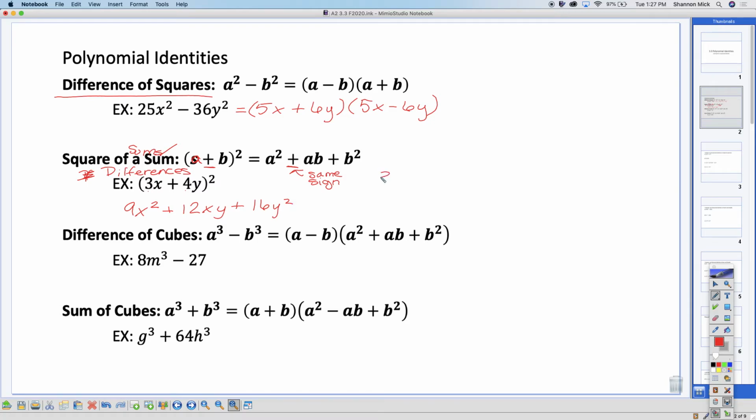So if I did 3x minus 4y quantity squared, what would be the only thing different? The sign in the middle. So it'd be 9x squared minus 24xy plus 16x. Wouldn't the last one be y squared?